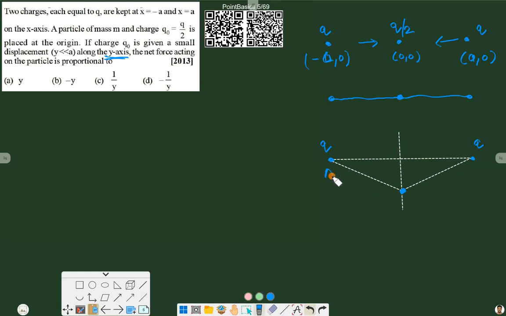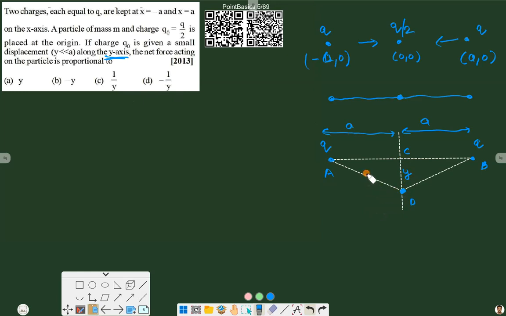So these are points A, B, C, and D. We know the distance between A and C, that is a. This is also a, and this small displacement is y. Sorry, displacement is y only.